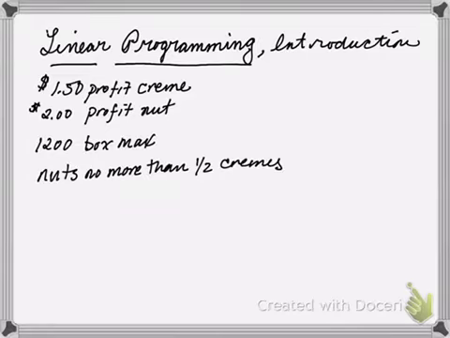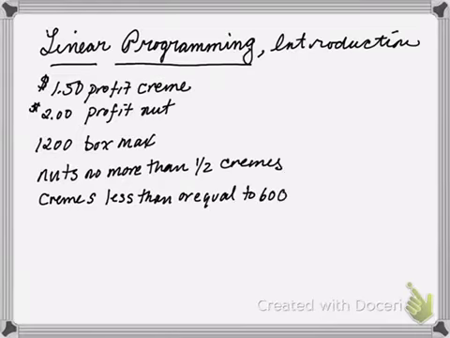So it must be creams less than or equal to 600 plus 3 times the production level, plus 3 times the nuts. Okay? So these are all our constraints.